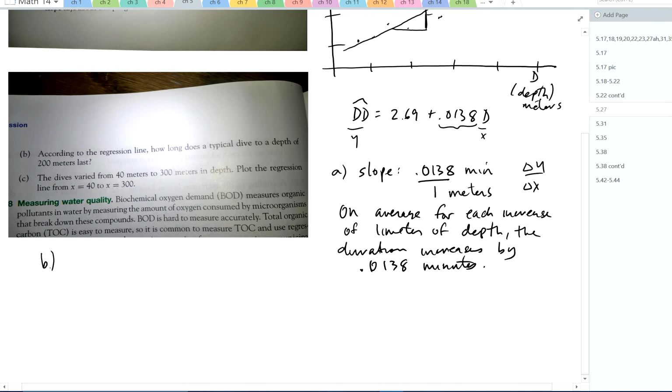According to the regression line, how long does a typical dive of 200 meters last? Well, the duration would be 2.69 plus 0.0138 times 200, whatever that is. So let's see what we got here. 2.69 plus 0.0138 times 200.